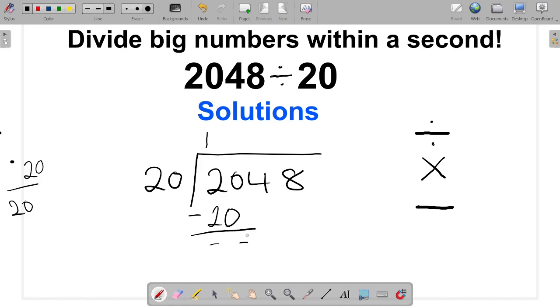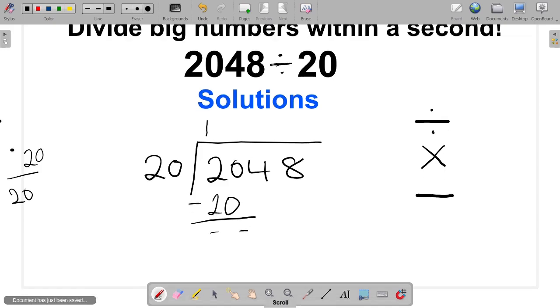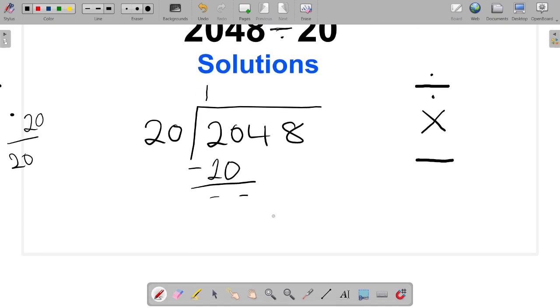Now let's move on to the third and the fourth digit. As you started by taking the numbers digit after digit, this 4 you bring down first, before the 8. Now let's start from the first operation, which is division. Ask yourself how many times 20 can fit into 4. 4 divided by 20 is not possible.